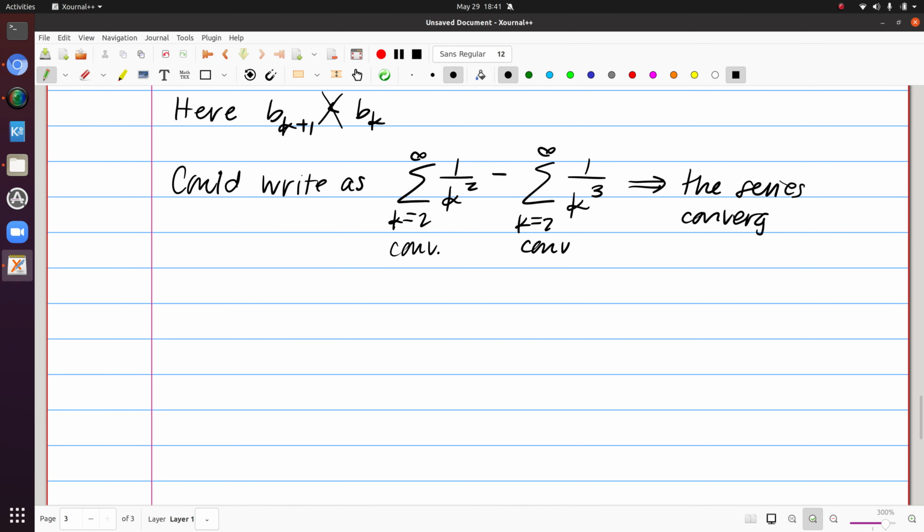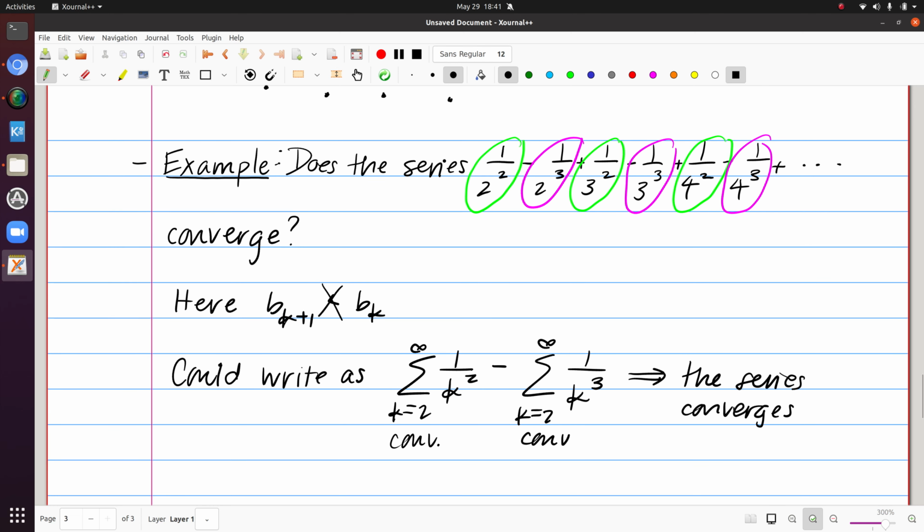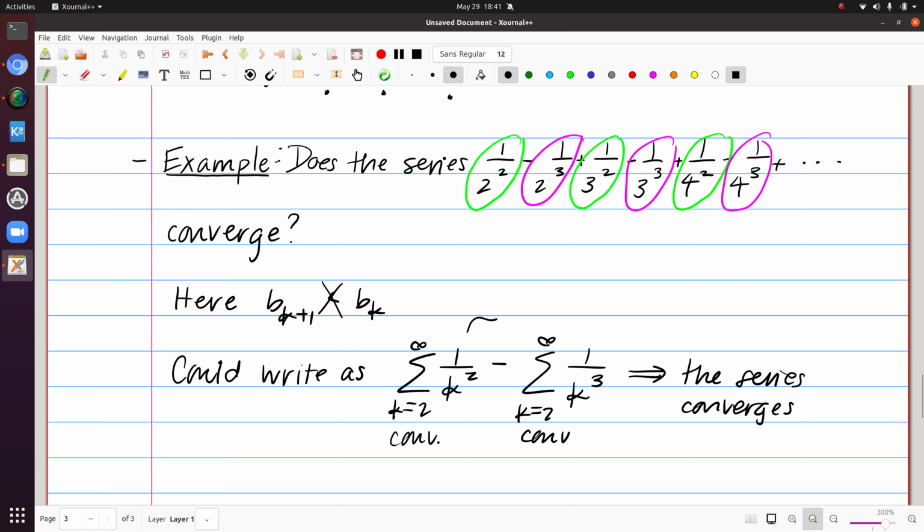And I didn't use the alternating series test to get there. So the other thing I want to point out with this example is that we saw that one of the conditions failed from the alternating series test, but that didn't mean that the series diverged. We just had to look at it a different way. In this instance, break it into two p series. A difference of p series that both are known to converge, and in that case, that means that difference also converges.